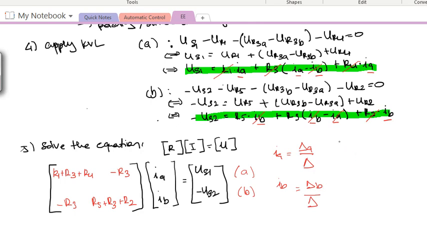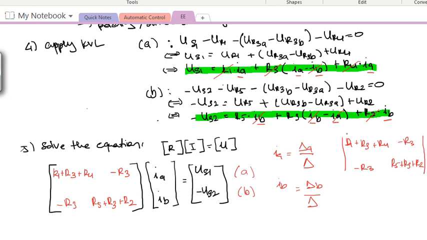It is R1 plus R3 plus R4 multiplied by R5 plus R3 plus R2, minus R3 multiplied by minus R3.